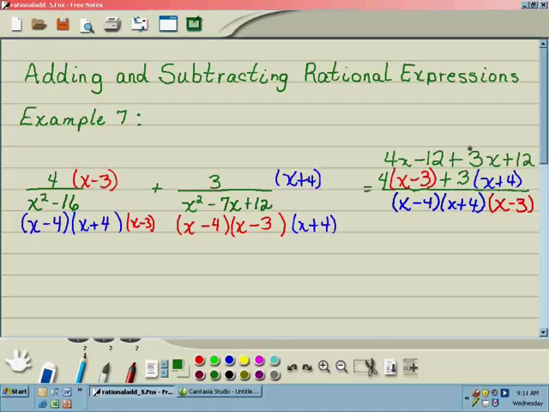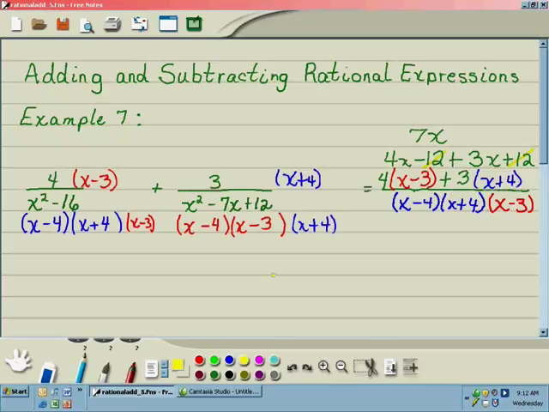And 4x plus 3x would give me 7x, and minus 12 plus 12 would give me 0. And I'm not sure you can see that, but I am going to just cross those out.